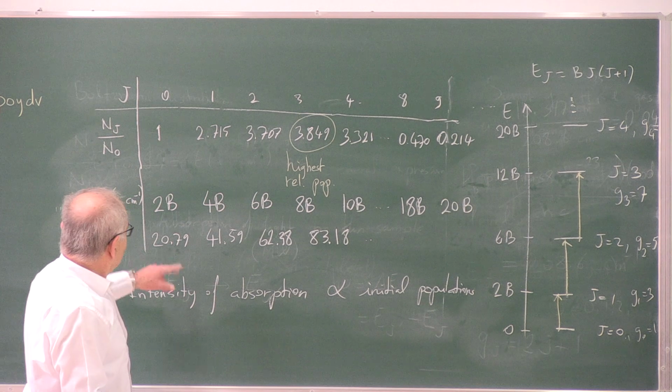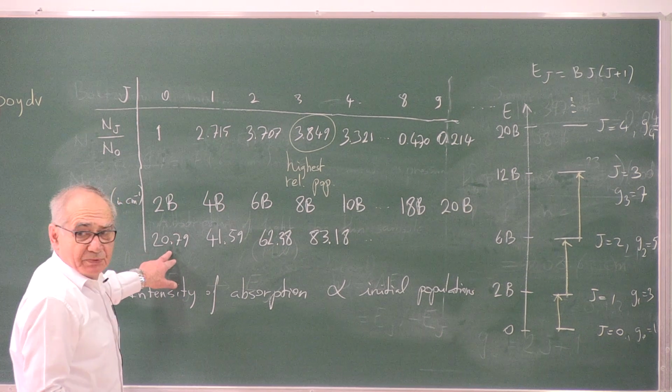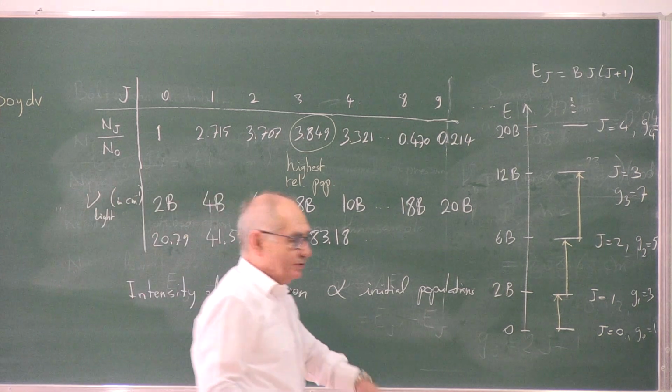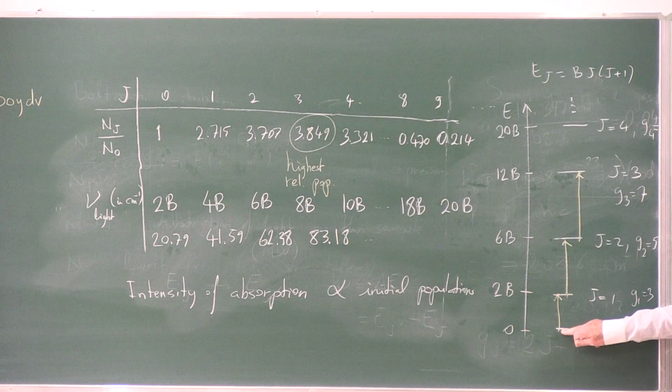In other words, intensity of this photon with 20.79 wave number frequency depends on how many molecules there are in the lowest level.